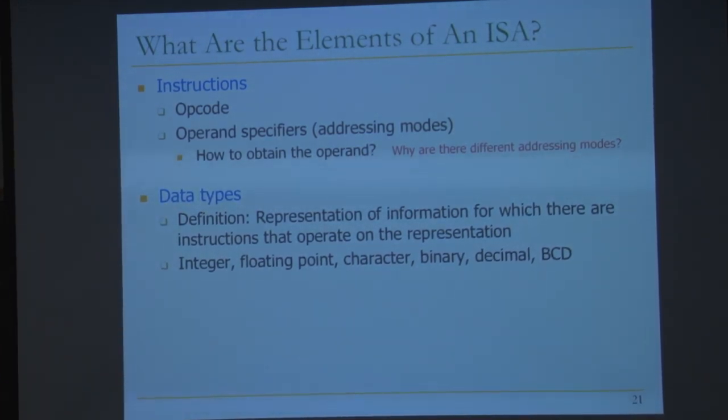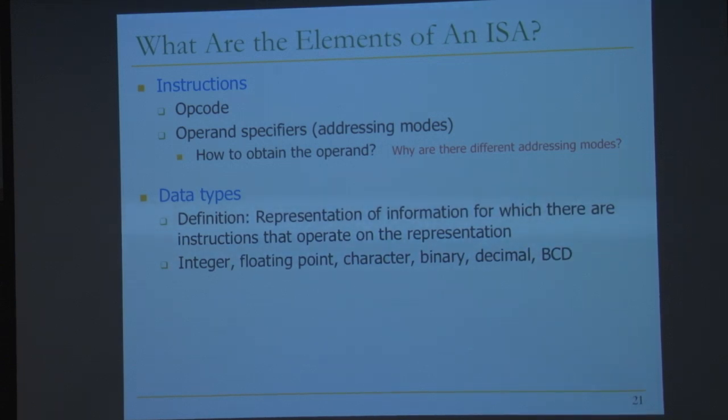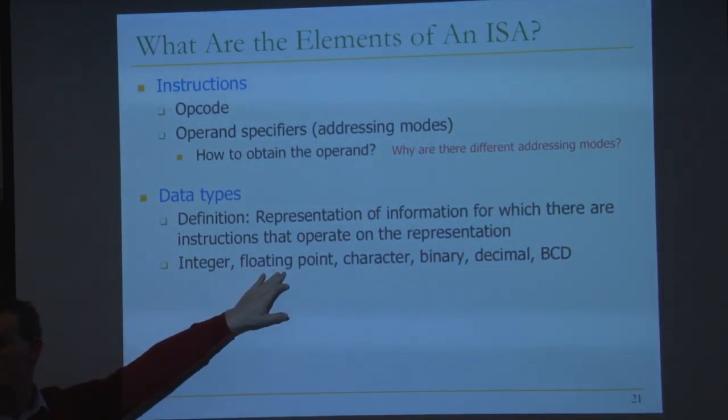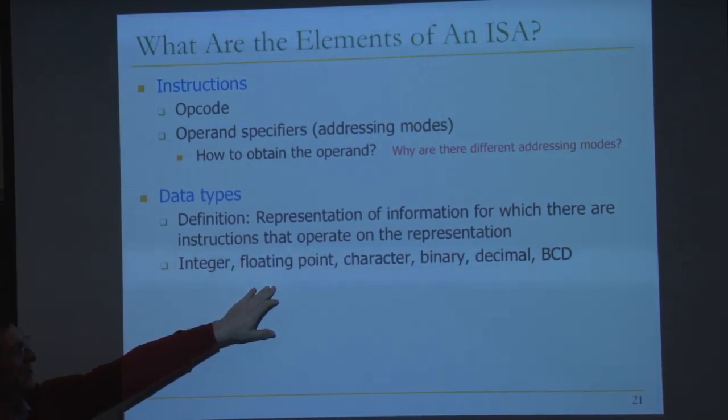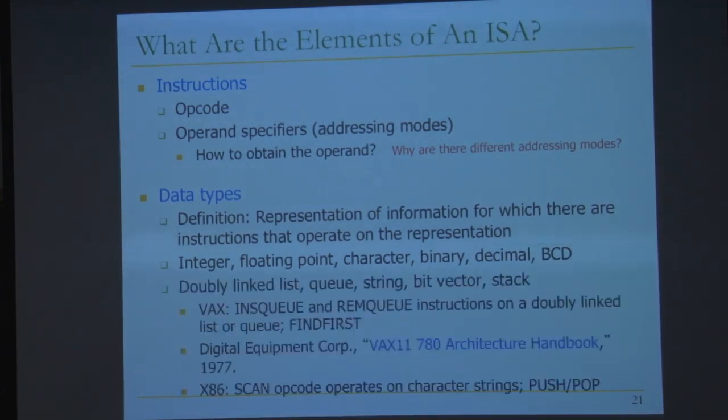Integer means that the data value in the register is an integer, and when you add the 2 registers, you get an integer result. They don't have to be integers, right? They can be in floating point format or fixed point format. They could be characters, right? You can add 2 characters and define operations on characters. They could be binary or decimal values or binary coded decimal values.